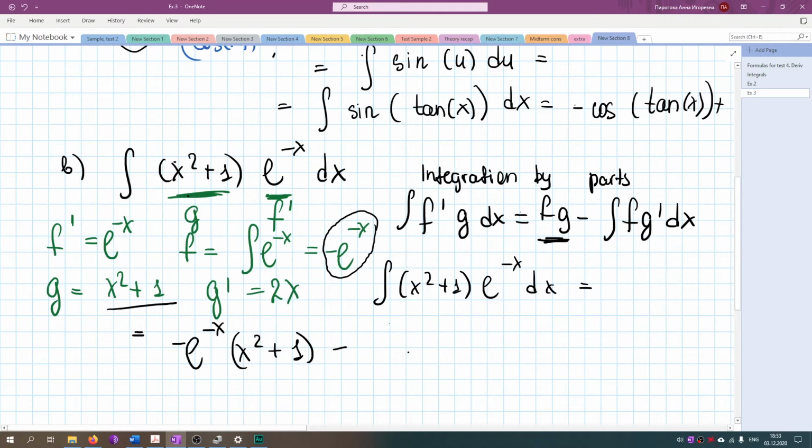And then we will take the integral of f function, and again this minus e in the power of minus x, and we will need to multiply it by the derivative of the g function, and the derivative of the g function is equal to 2x dx.